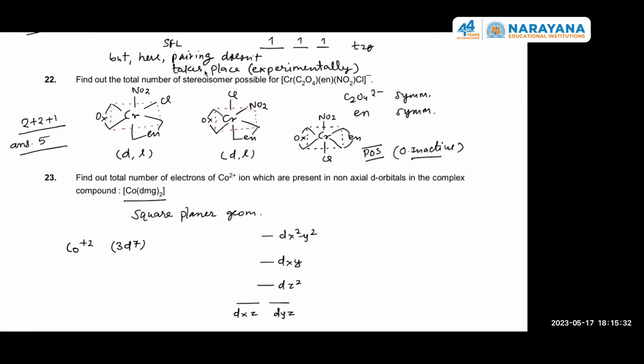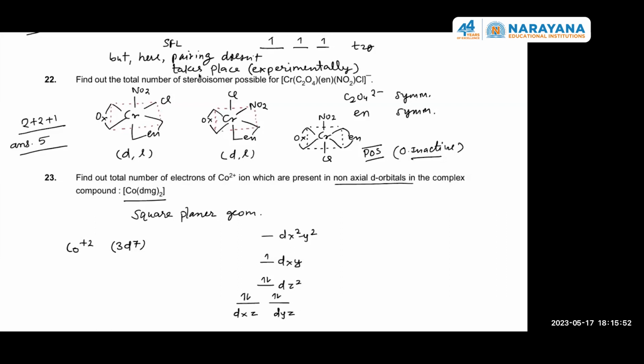Okay. So now if we fill 3d7 electrons, it will be like this: 1, 2, 3, 4, 5, 6, and 7. Now it has been asked for the total number of electrons present in the non-axial d orbitals.